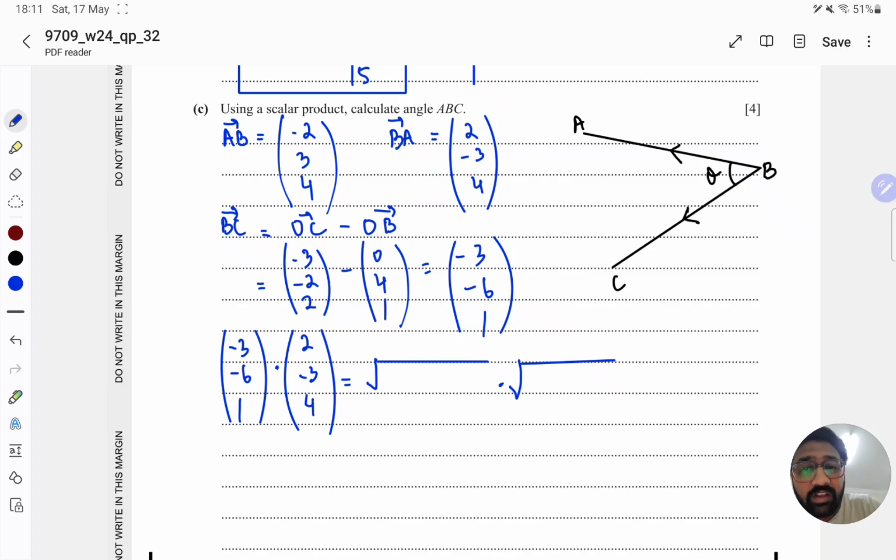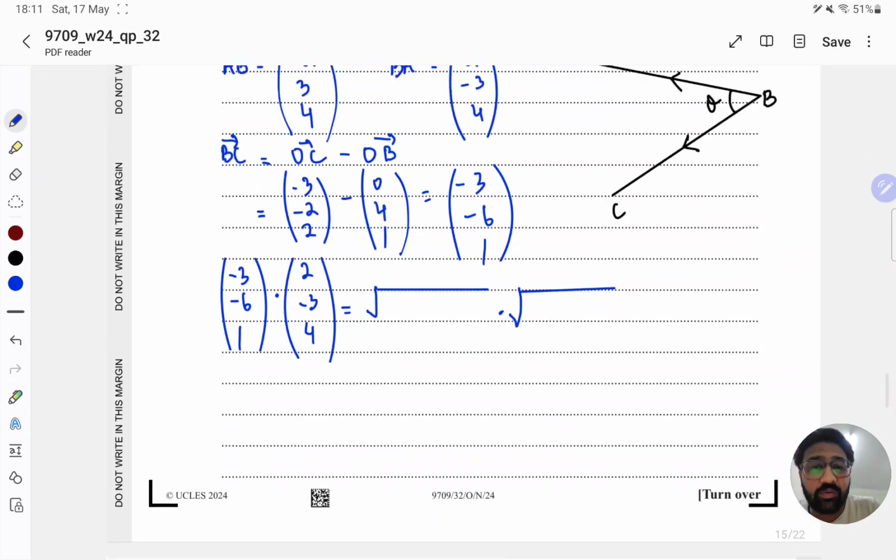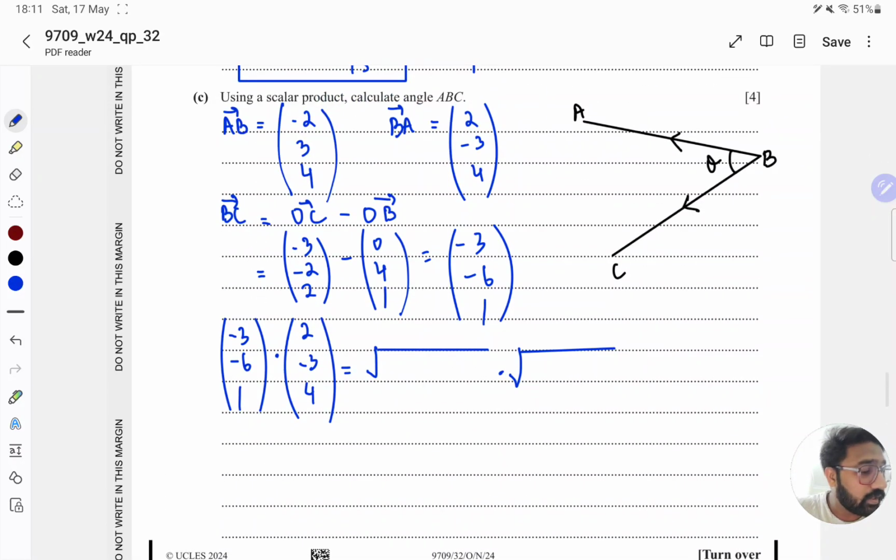The magnitude will be the square root of 4 plus 9 plus 16, which is 29. Similarly, 9 plus 36 plus 1, which is 46, cos theta.